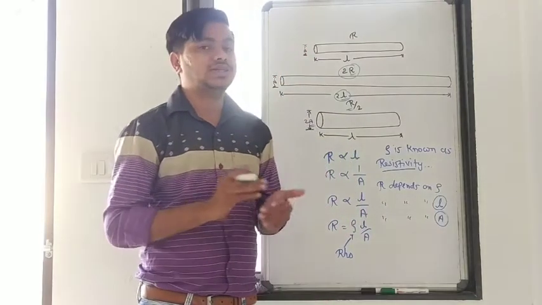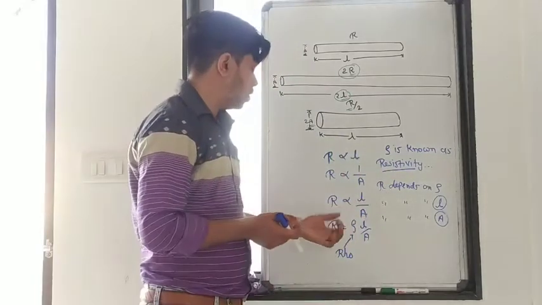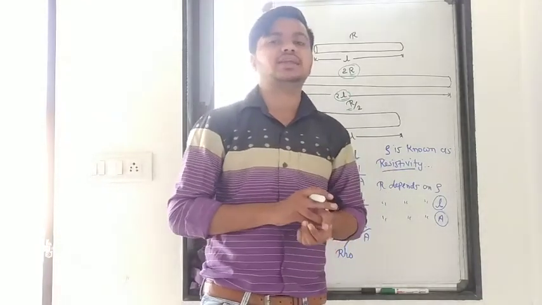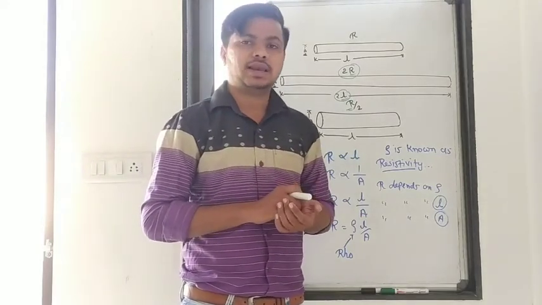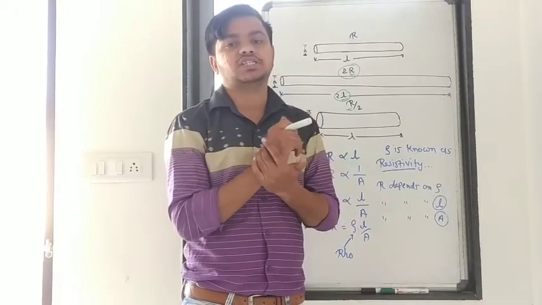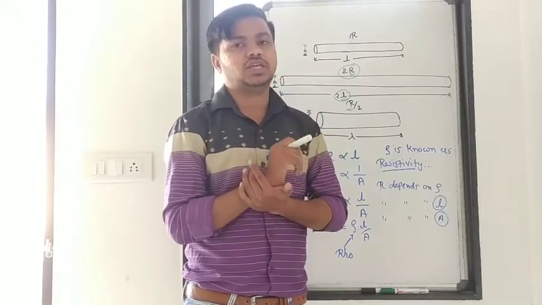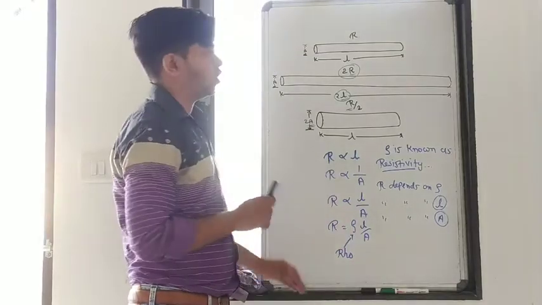Not only that, the length and the cross-sectional area also give the value of resistance. If the length is higher, the resistance is higher. If the length is less, the resistance is less. If the cross-sectional area is higher, resistance is less, and if the cross-sectional area is less, the resistance is higher. So like that, this is the equation of R.